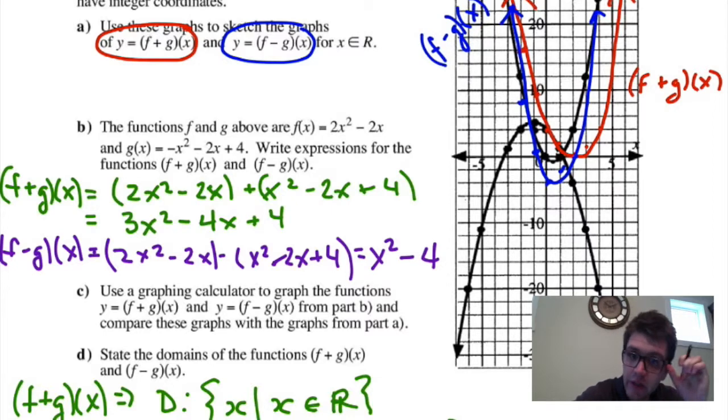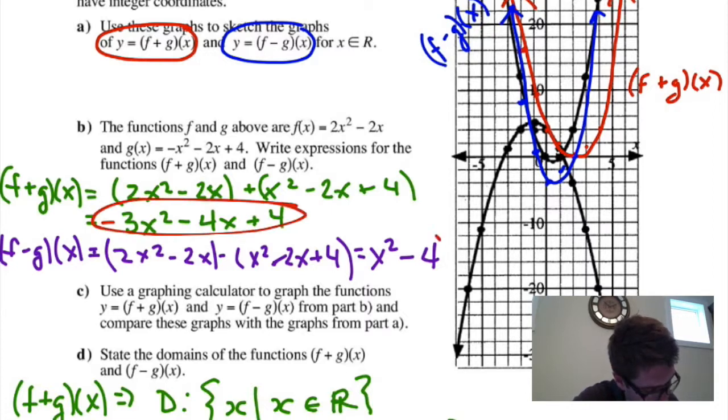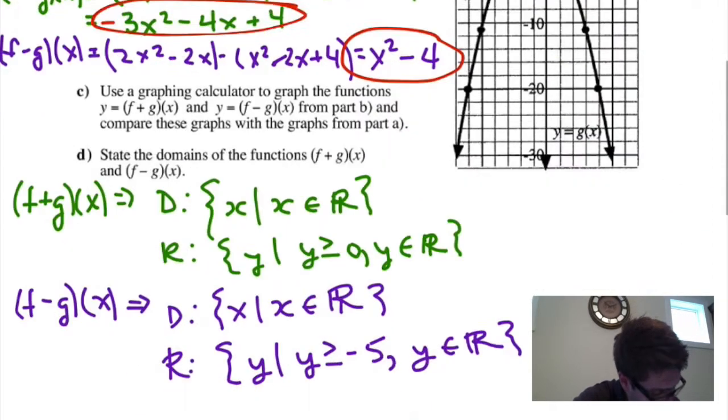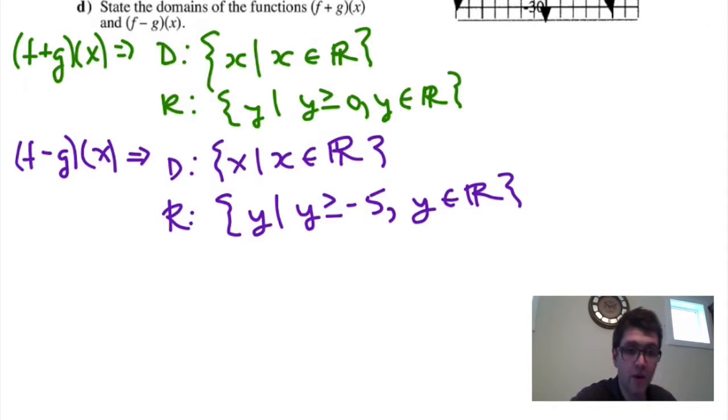And if we look at the algebraic expressions, we end up with 3x squared minus 4x plus 4, as well as x squared minus 4, and these match up to our graphs as well. And lastly, the domain and range, an approximation of what we had on the graph. You could probably get a more distinct answer by putting them in your graphing calculator. I just went with the exploration because there's nothing super important happening here.